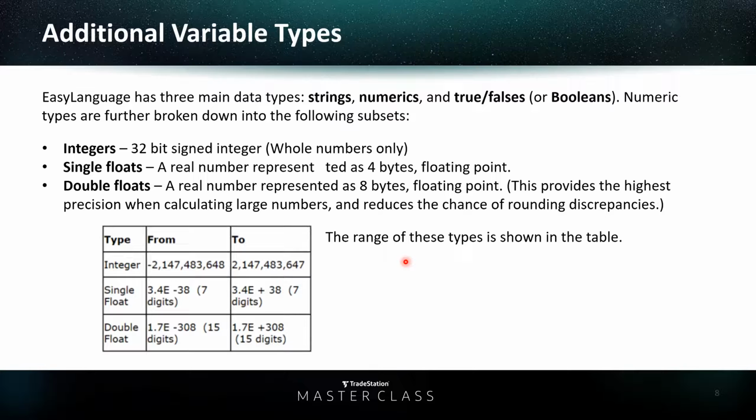But again, the numbers get very large. For example, we actually use that under the covers for volume storage, because volume values, as you guys are probably aware, have gotten huge on some symbols over the years. So Int64 is used to be able to handle the large volume numbers.